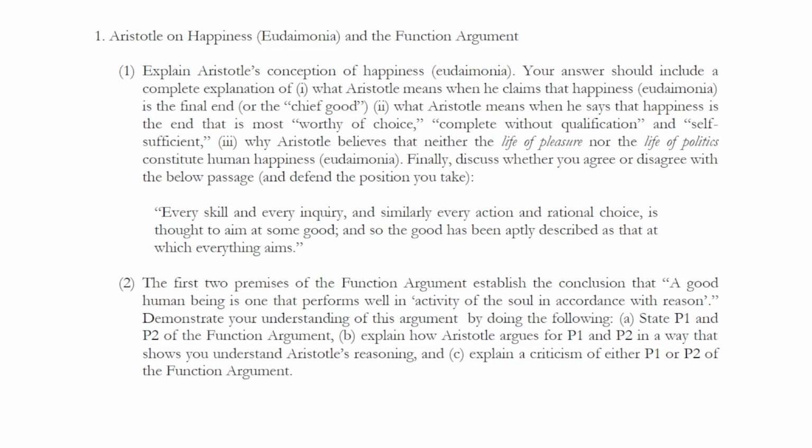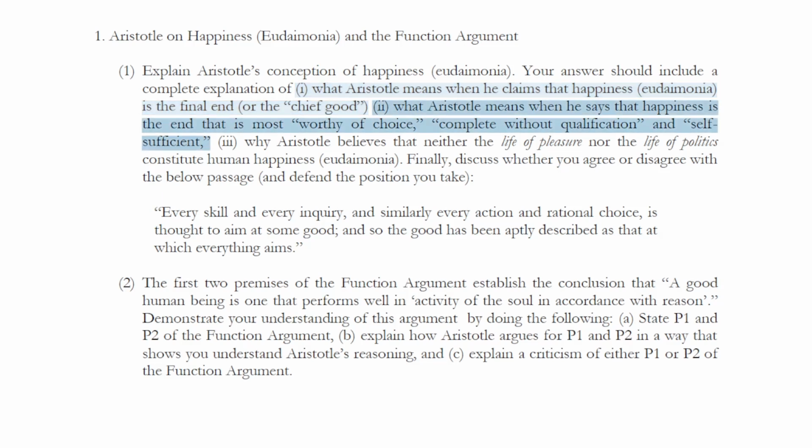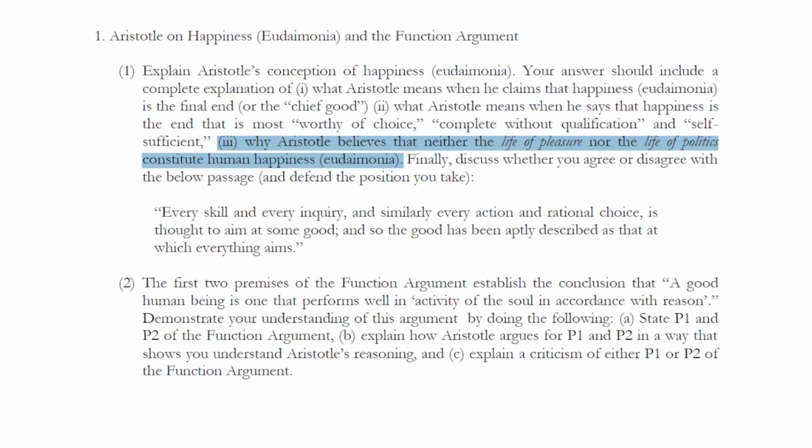This prompt tells you that you need to explain what Aristotle means when he claims that happiness is the final end, what Aristotle means when he says that happiness is the end that is most worthy of choice, complete without qualification, and self-sufficient, and then finally, why Aristotle believes that neither the life of pleasure nor the life of politics constitute human happiness.